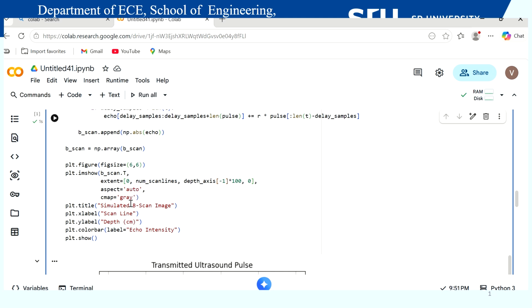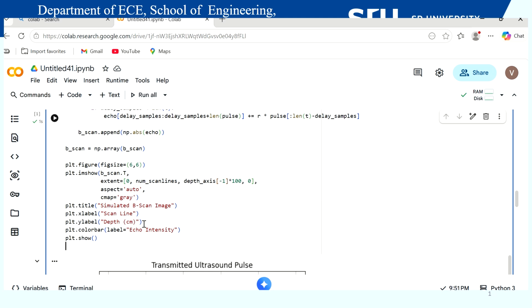And now what is the meaning? X axis is scan line number, y axis is depth, intensity is echo amplitude. This creates a grayscale ultrasound image, where bright is strong reflection and dark is weak reflection.